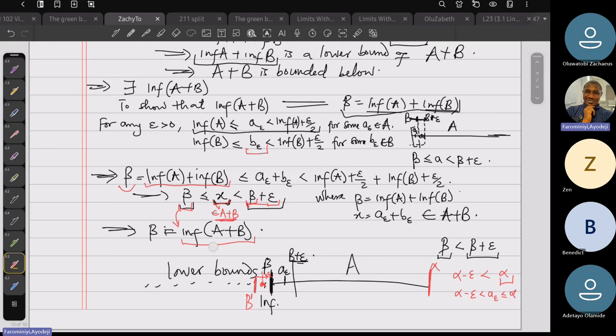That means infimum of A plus B is equal to infimum of A plus infimum of B.